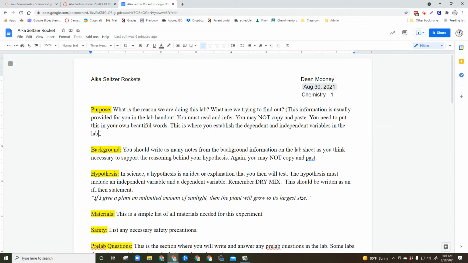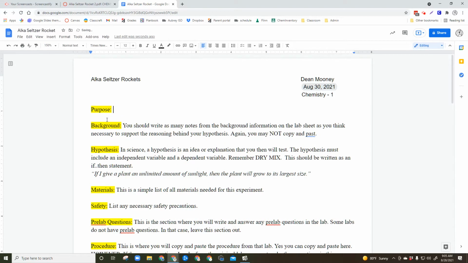All right, so when I'm ready to type, you need to make sure that you delete these instructions and type. So all you want is what's highlighted there. Those are the different sections.